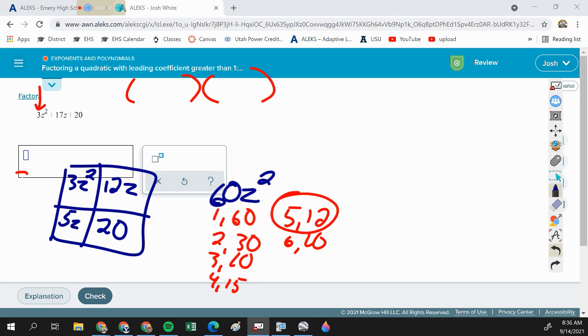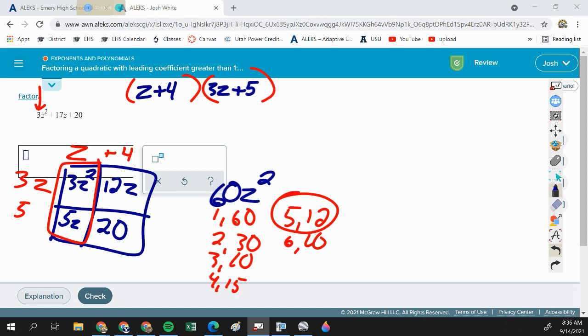So I'm going to take out a 3 and a z. If I take out a 3 and a z from the first one, I'm left with z. If I take out a 3 and a z from the next one, I'm left with 4. And if I take a z out of here, I'm left with 5. So my factors are z plus 4 and 3z plus 5.